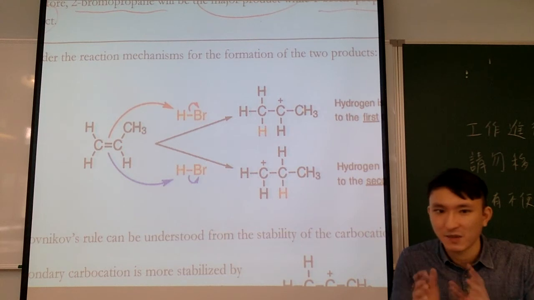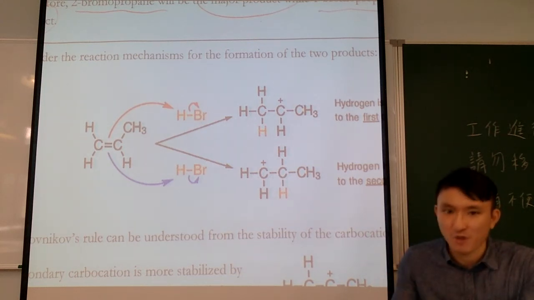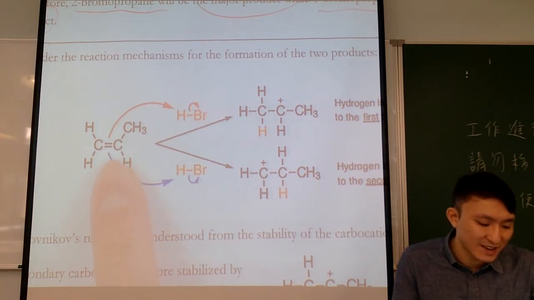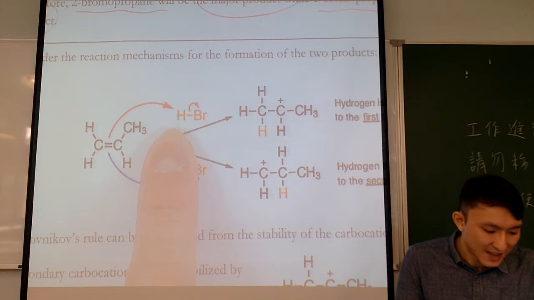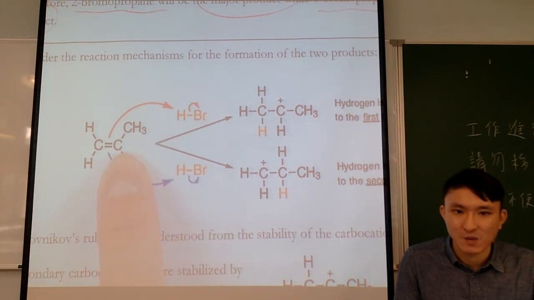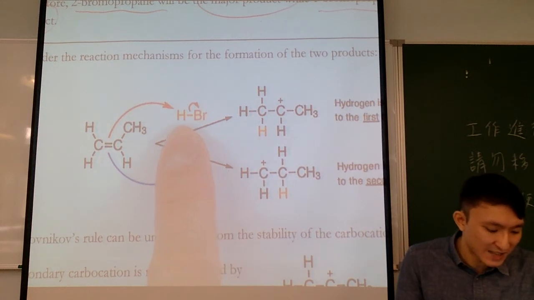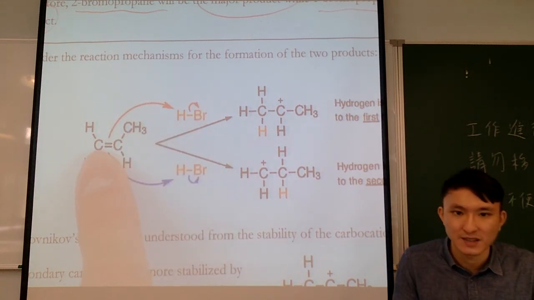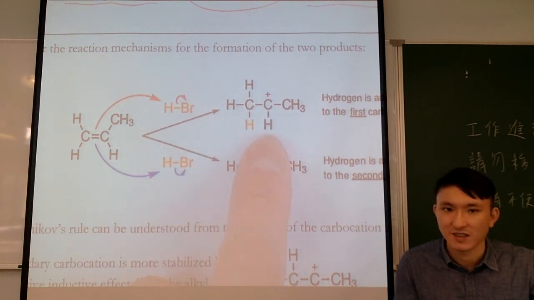In fact, they will first plug in the hydrogen atom, then the bromine atom. So it turns out that when they insert the hydrogen atom, one of the carbons will bear a positive charge. Now, when the hydrogen atom is added to the first carbon, then the positive charge would appear on the second carbon because it has only 3 bonds.